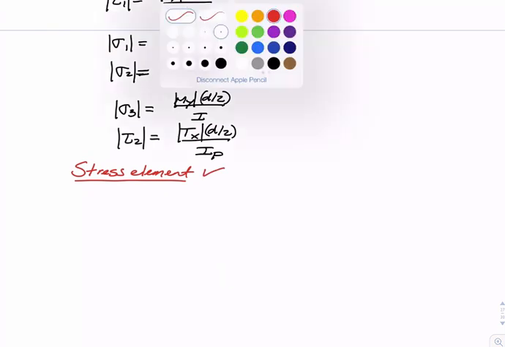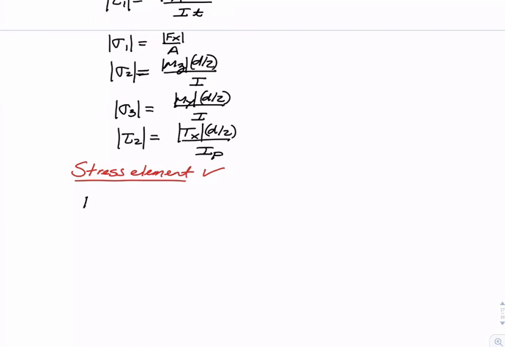We now want to write down our principal components. We've done this many times before. We know that we need to first find sigma average. So let me do point A first.